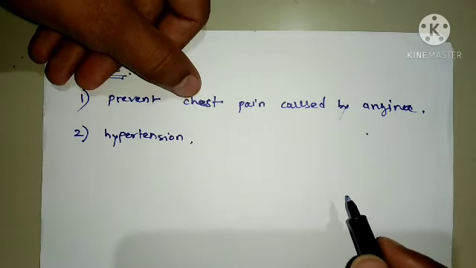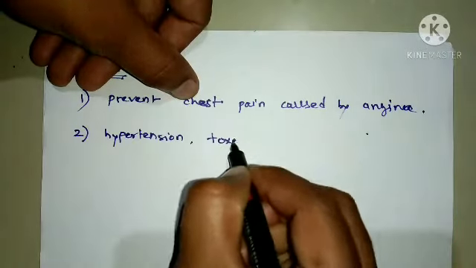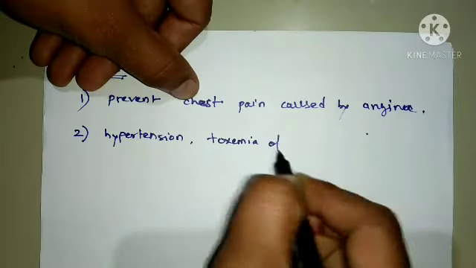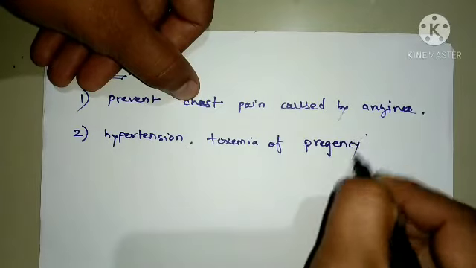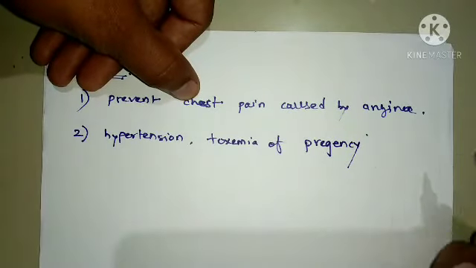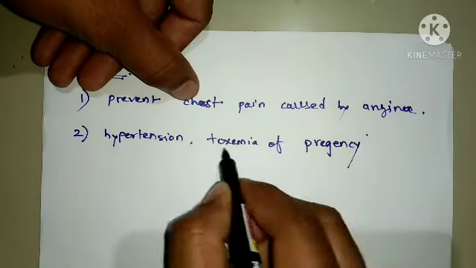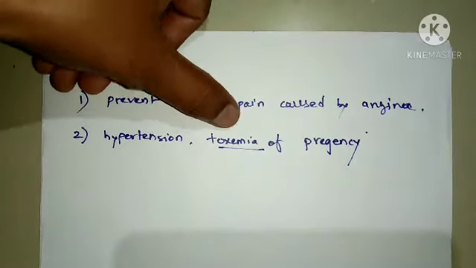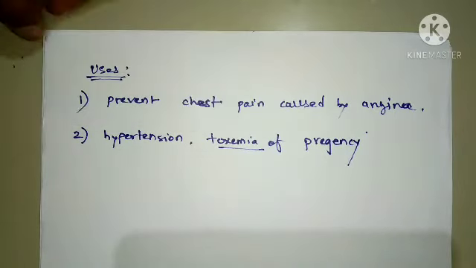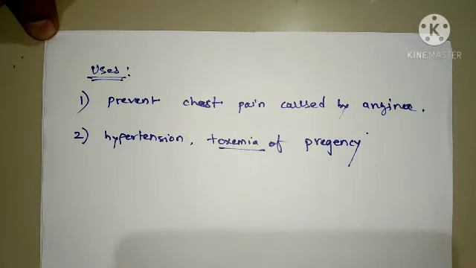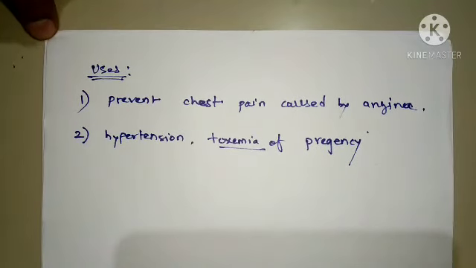Then toxemia of pregnancy. What is meant by toxemia? Blood becomes poison. The meaning of toxemia is blood becoming poisoned during pregnancy. So this is all about labetalol.